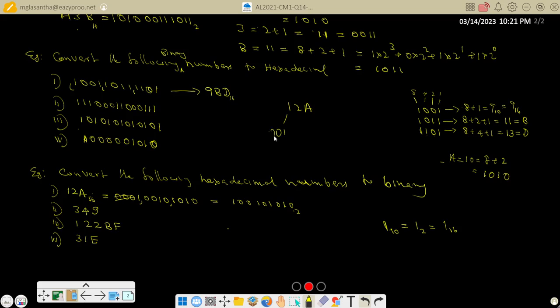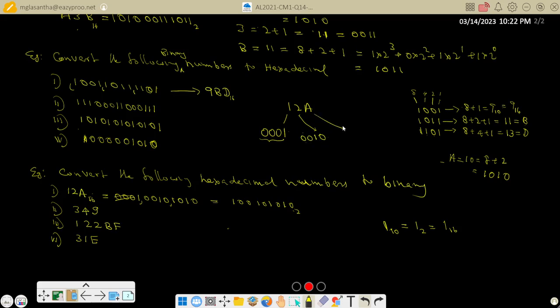Because you always consider 4 digits, if you put a 4 digit number, you have to add 3 zeros at the beginning. Then this is also 1. What is 2? What is the binary equivalent of 2? 2 is 10. So at the beginning, additionally you can put another 2 zeros.